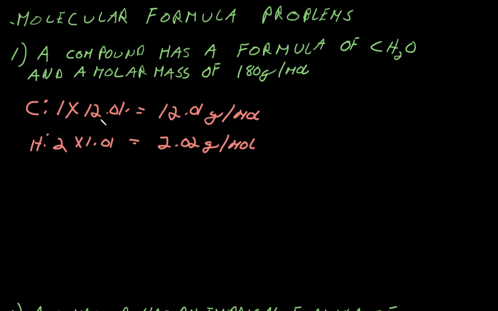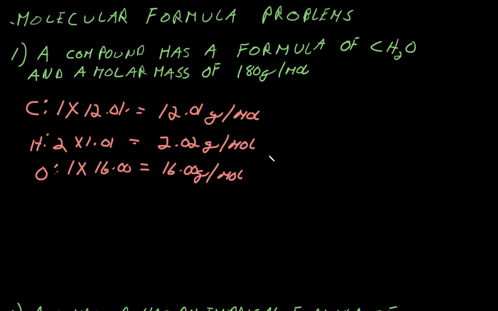And likewise, let's do the same thing with oxygen. Oxygen, we have 1, and we know oxygen is 16.00. So that's going to come out to be 16.00 grams per mole.